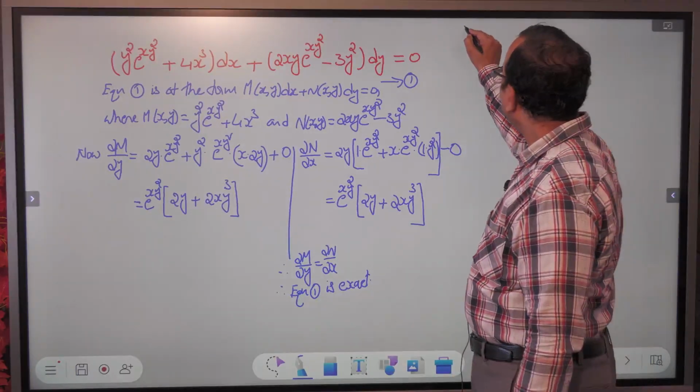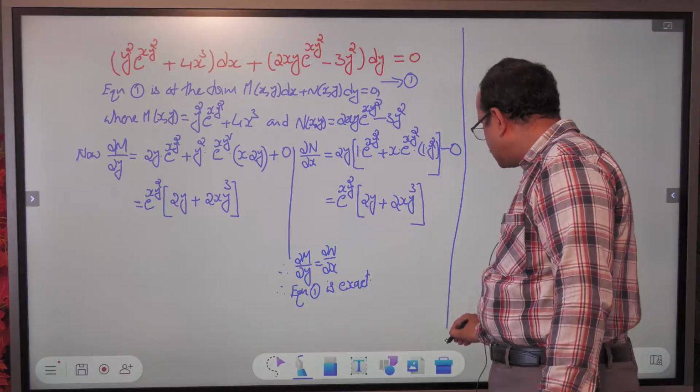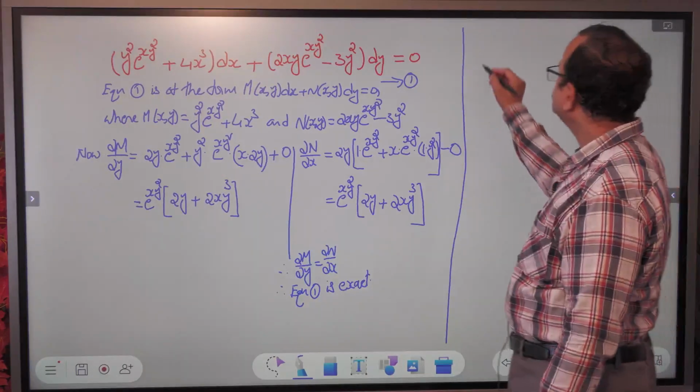Now after identifying that the given DE is an exact DE, we can find the general solution.